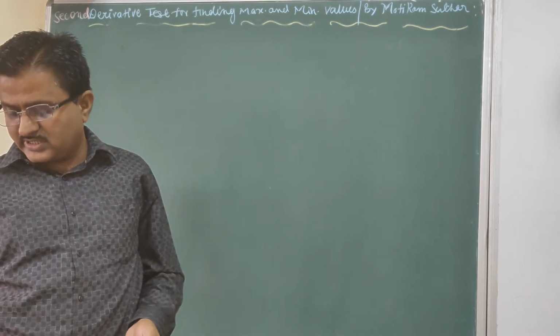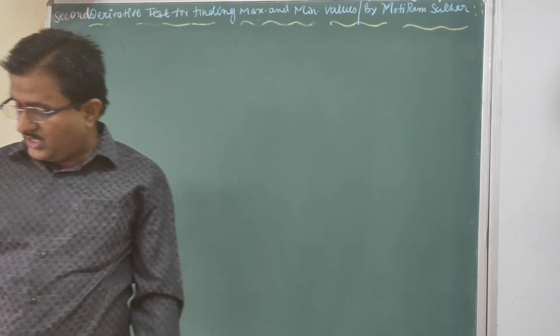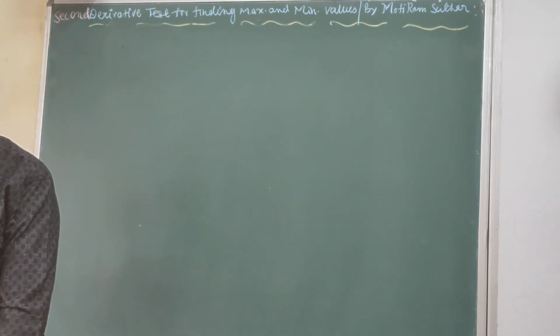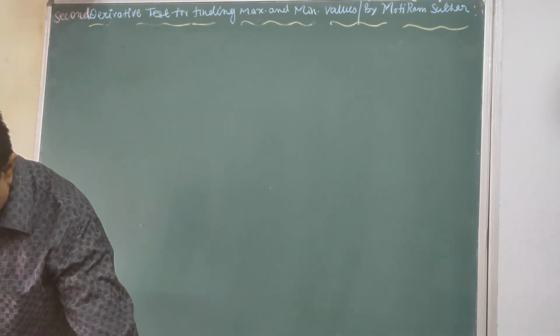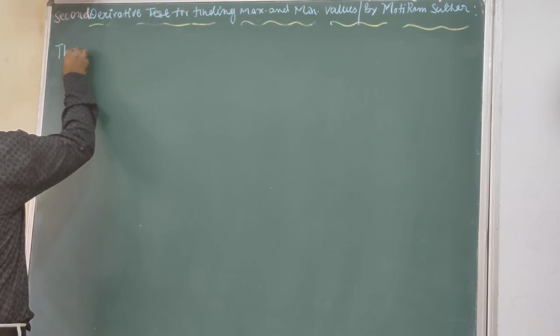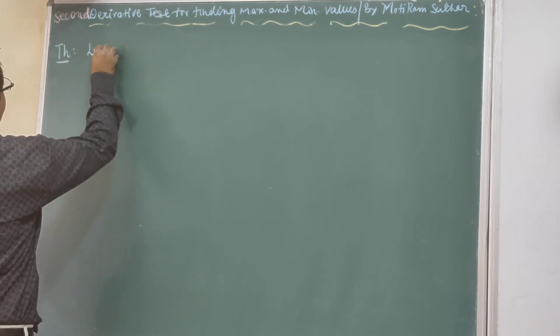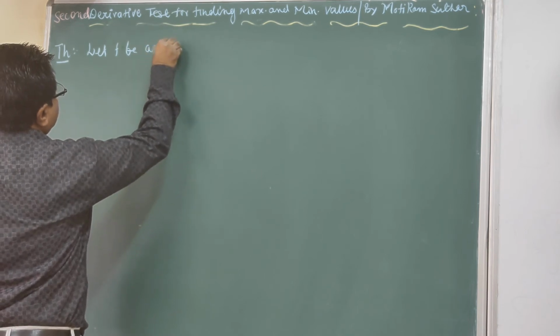In the previous test we find only the first derivative. So here you have to find the second derivative and then see. So you can write down the theorem, this is an important theorem. Let f be a function.